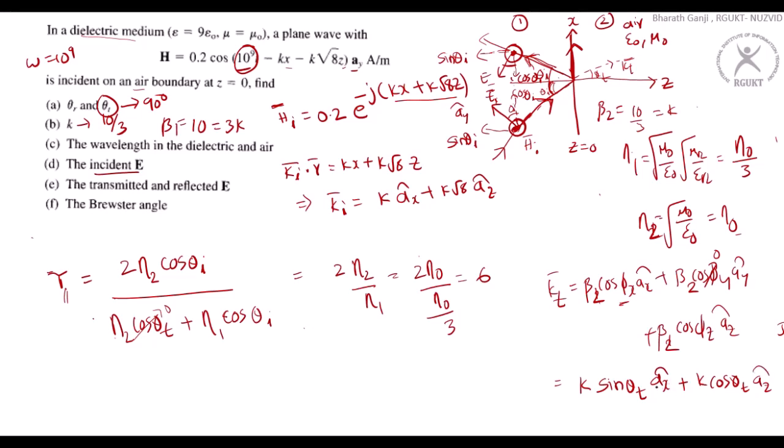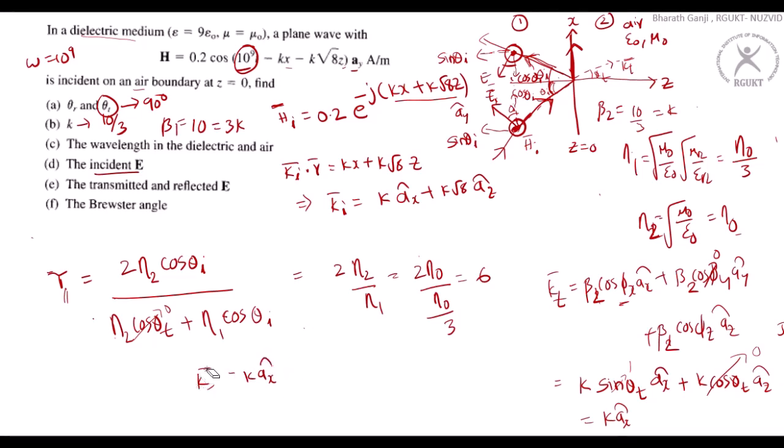But if you put theta t as 90 degrees here, this goes to 0 and this goes to 1, so you basically have k x cap. You can see that is what is happening. So your kt bar is basically k ax cap.